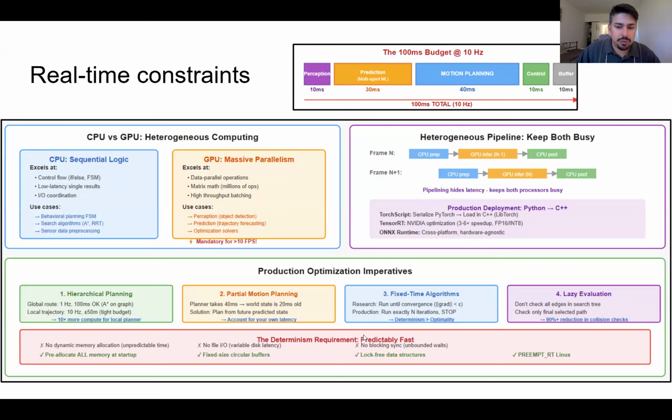You might also want to look at suboptimal solutions, and that's fine, stopping your iterations after some max iterations instead of running searches or whatever optimizations you have exhaustively, and doing lazy evaluation that we talked about.